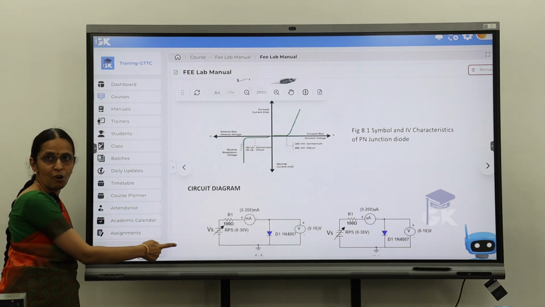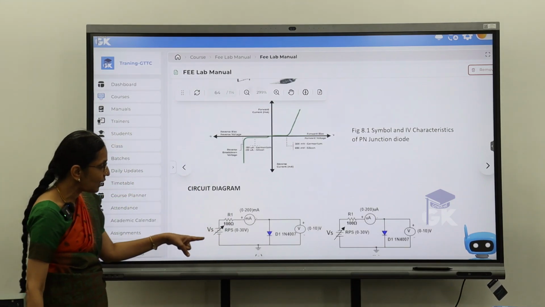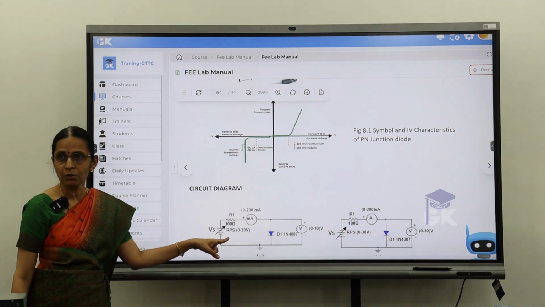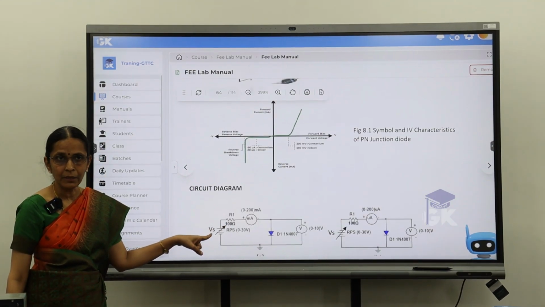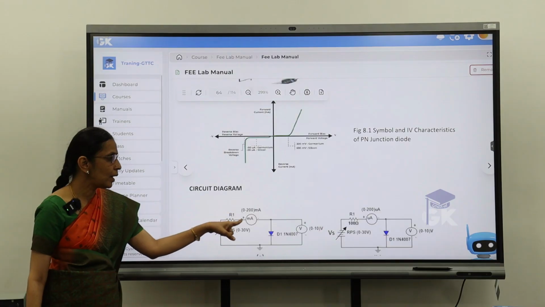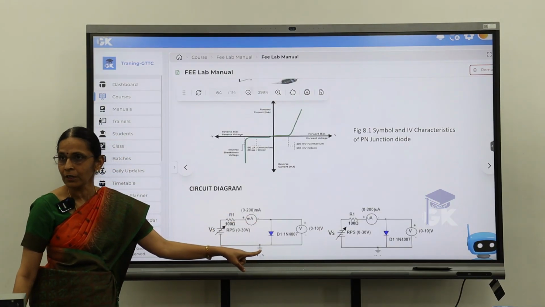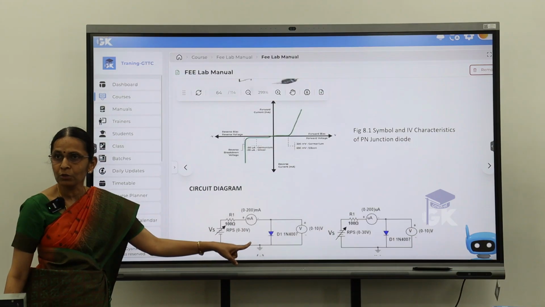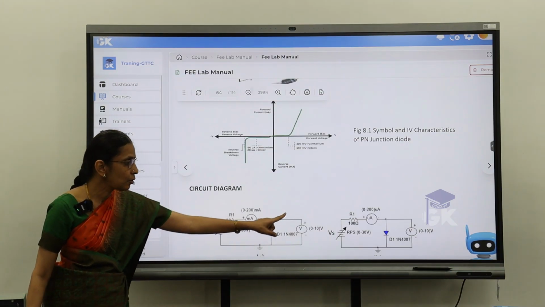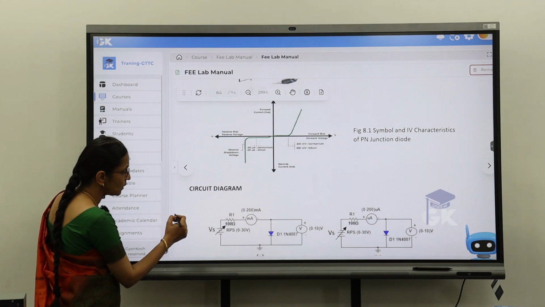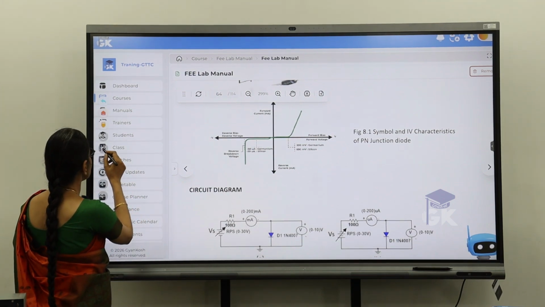This is for the forward bias condition, where I have a regulated power supply. In series with that, I have a 100 ohm resistor, which is nothing but a current limiting resistor, followed by a multimeter. Then I have the diode, the 1N4007. Then across that is the voltmeter. So this diagram is basically for your forward bias.